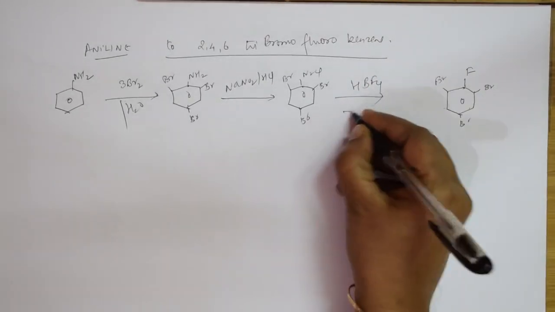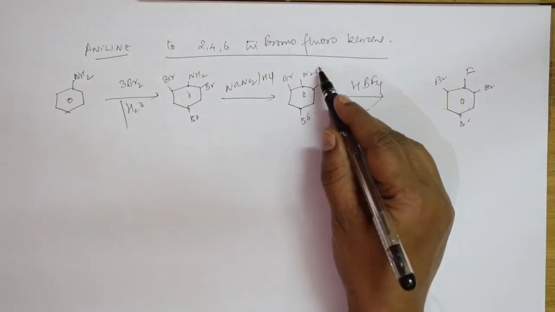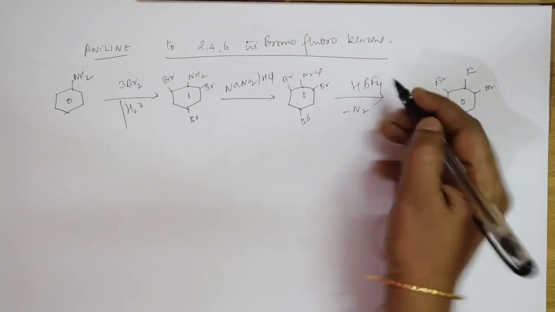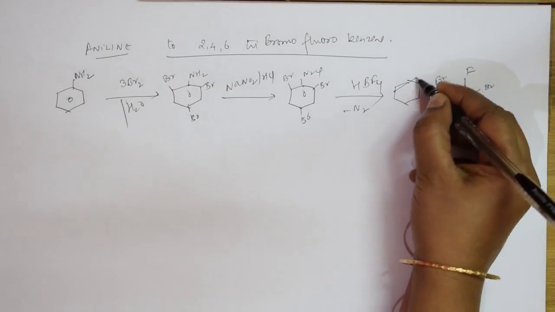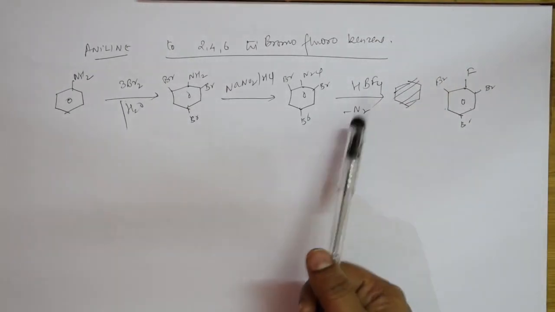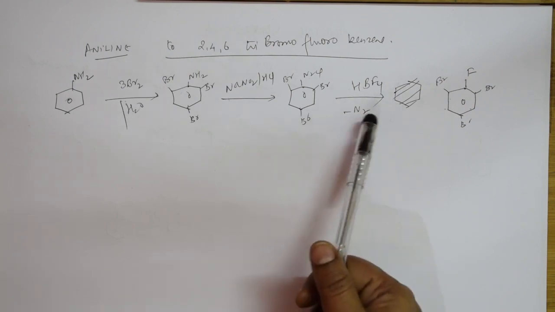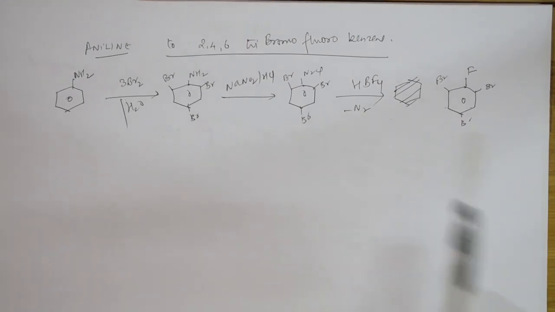When I introduce it, nitrogen gas is lost, and one fluorine from here goes and replaces this chlorine. Nitrogen is lost, BF3 too, Cl is also lost, and fluorine attacks. That's it. This is how you prepare it. What is this compound? I have already written the name here, tribromofluorobenzene.